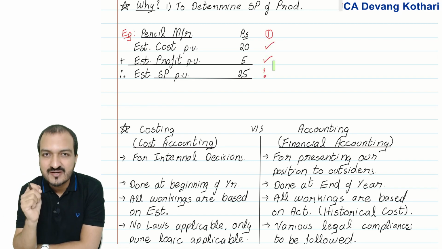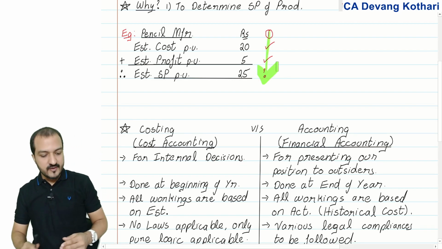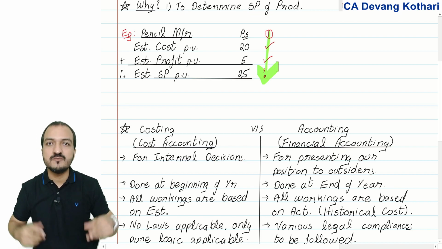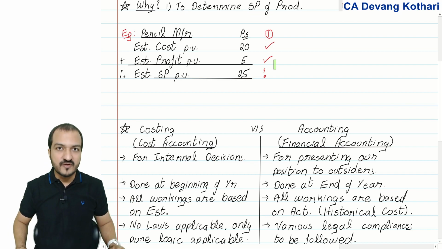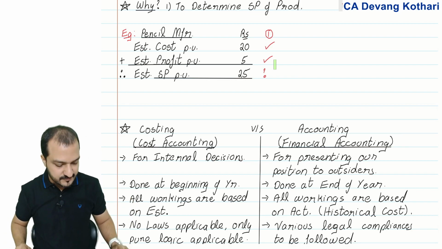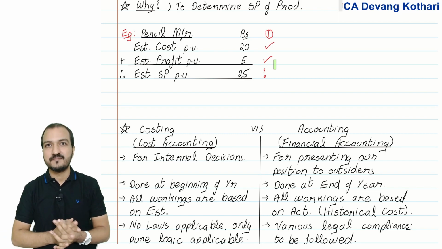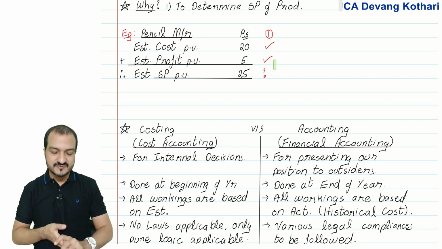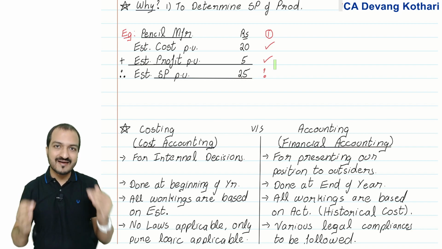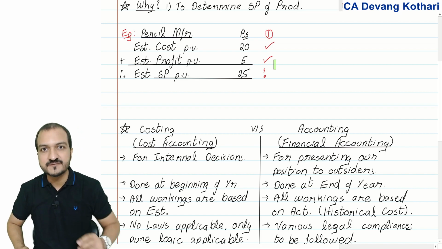Tell me, in which kind of industry will this not be possible? Think. You've done this in your CPT, you've done this in your foundation. Economics, microeconomics. In which type of market do I not decide my own selling price?